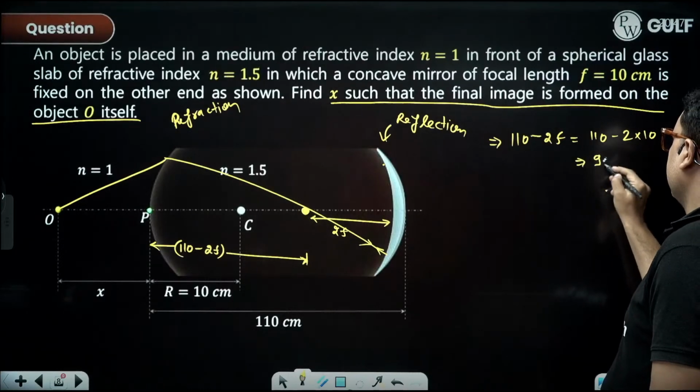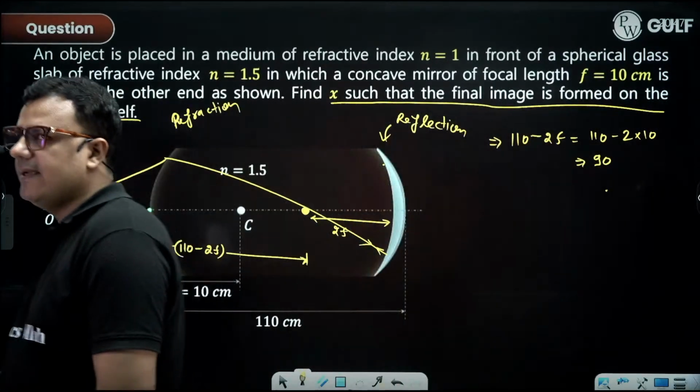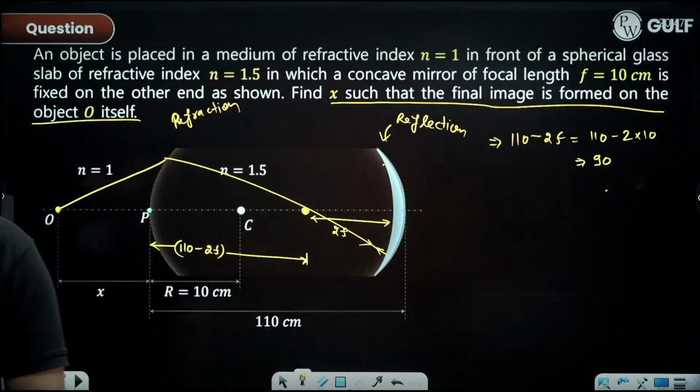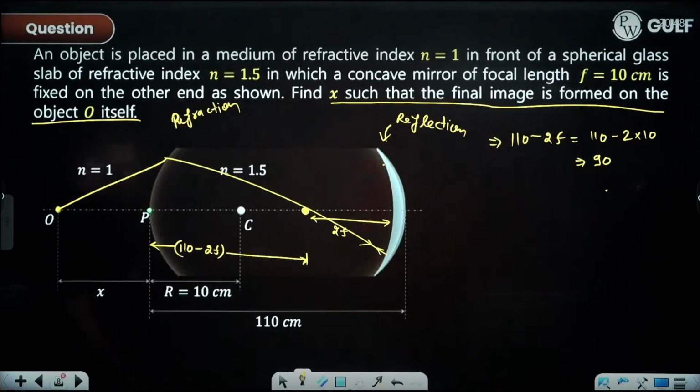It is 90. This distance from the pole is 90 centimeter. Is it clear or not?